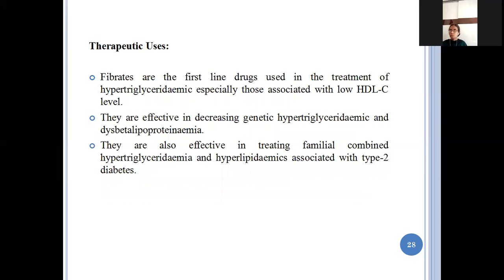Next, uses. These are the first line drugs used in the treatment of hypertriglyceridemia, especially those associated with low HDL-C level.